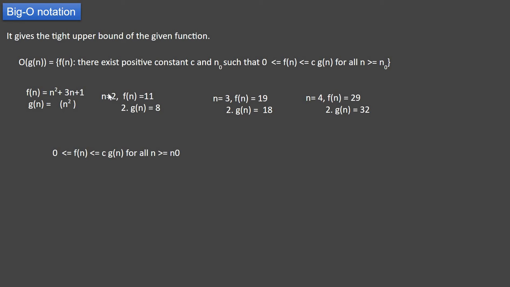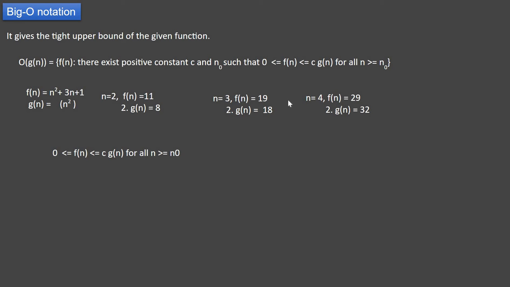There's a constant which is 2 here, I use 2 everywhere, right? And what it is saying is for all n greater than n naught. So n naught is 3 here. If I say it is 3, then n should be greater.